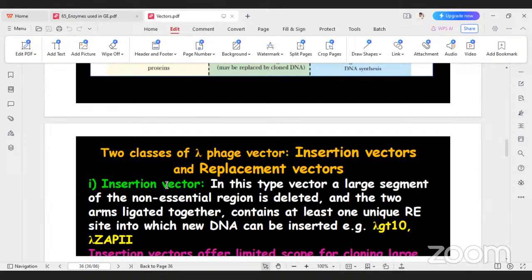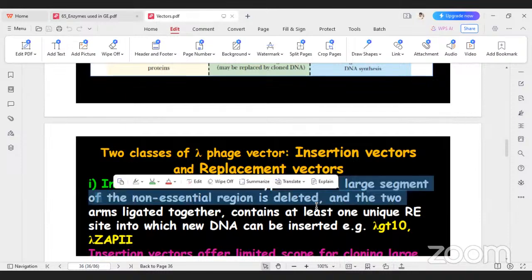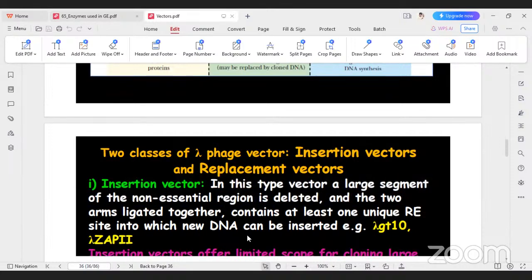The non-essential region may be a toxic expression region, for example. This toxic region is not important, that's why we can remove it, and the two arms are ligated together.